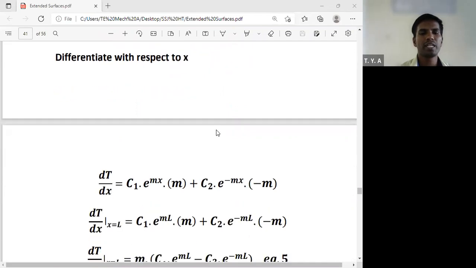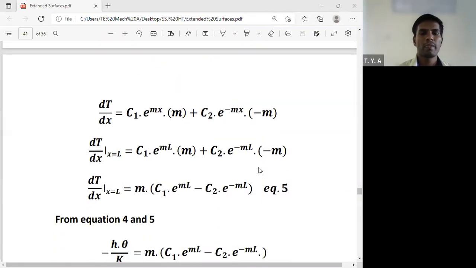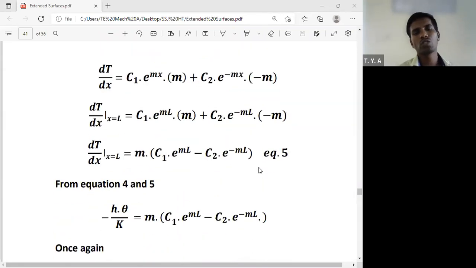Okay, so now differentiate this equation. So by differentiating we get the equation as dT by dx is equal to c1 e raised to mx into m plus c2 e raised to minus mx into minus m.